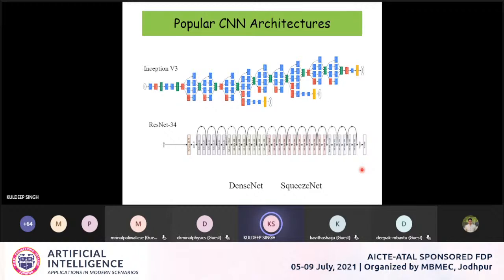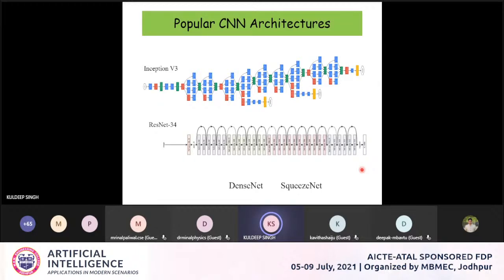These are some of the popular convolutional neural network architectures which are being extensively used in the field of medical image analysis, like Inception V3, ResNet 34, DenseNet, SqueezeNet. So they have their own uniqueness, and different types of architectures have different kinds of results on different modalities.